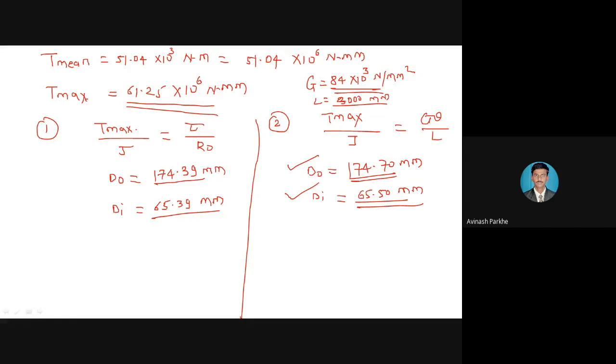Please check your answers. Others, please do the calculation separately and find out the diameters based on the angle of twist.